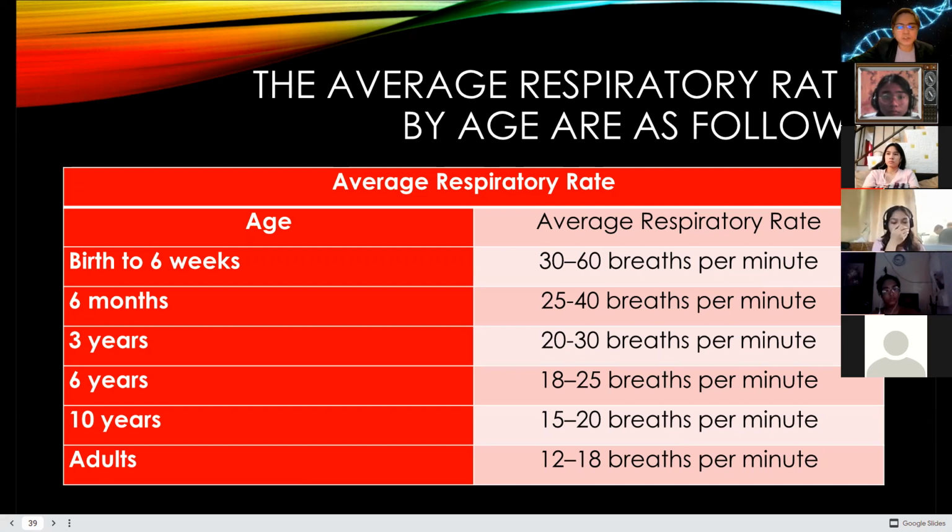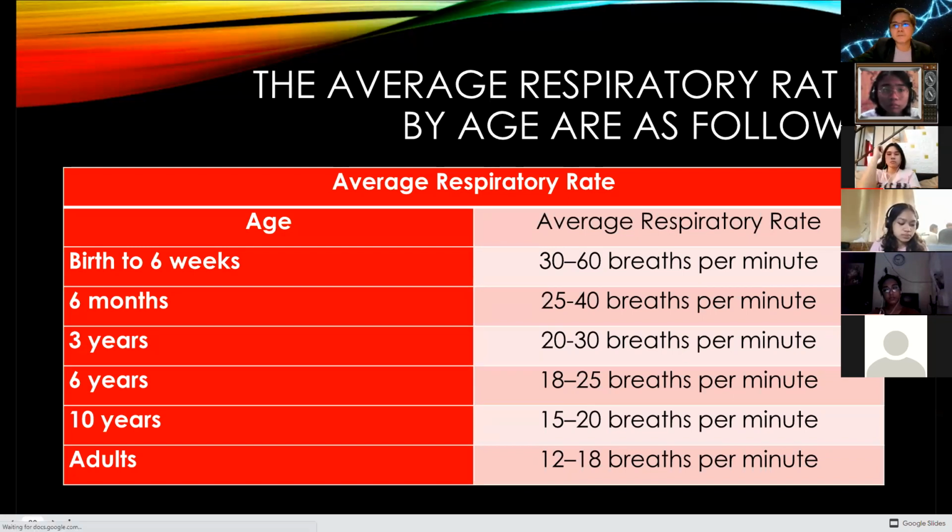Why do we need to take note of the respiratory rate? For the respiratory rate, this is one way or another to double check the capacity of your lungs. Sometimes we analyze the data in order to realize how far your lungs are suffering from a certain illness, for example.